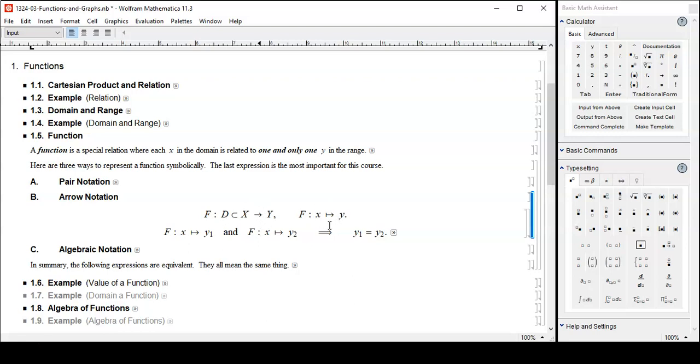With elements, we use this arrow with a bar. And then this is a special condition. X goes to Y1 and X goes to Y2, then Y1 and Y2 are the same. Again, same idea. This course, Math 1324, is taught by Dr. Ike. This course is taught by Dr. Kang. Dr. Ike and Dr. Kang are actually the same person, so it's okay, no problem there. There's no ambiguity.